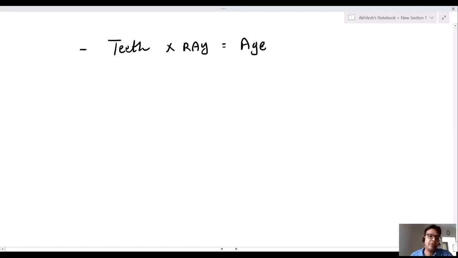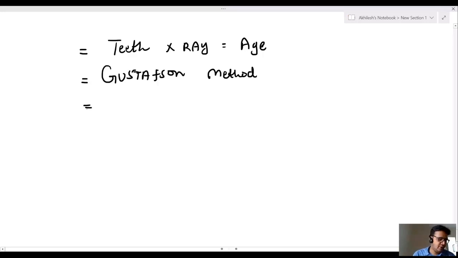And sir, for this we use a method, the Gustafsson method. By teeth X-ray we decide the age. This is known as the Gustafsson method. The Gustafsson method is used for adults about 25 years of age, and there are 6 criteria.